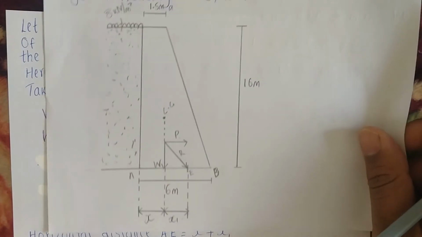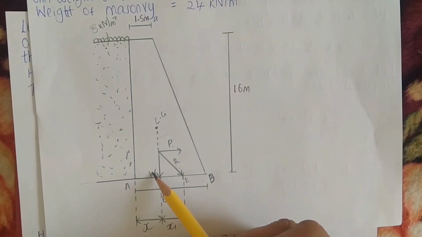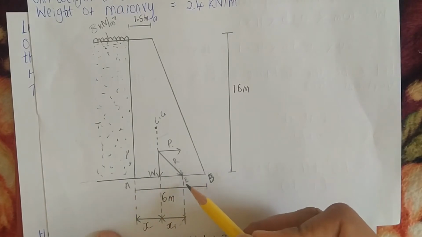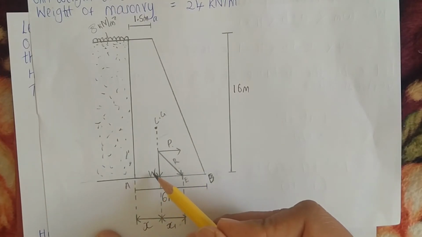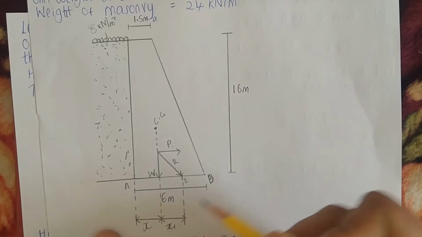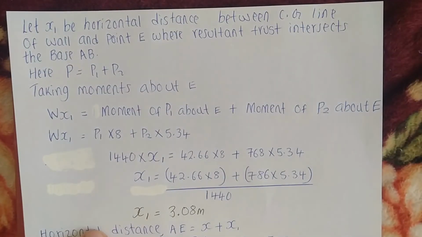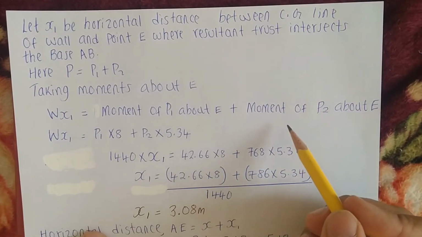So this is our weight. When we take moment about E, our weight multiplied by x1 will be equal to the moment of P1, which we calculated, about E, and the moment of P2.